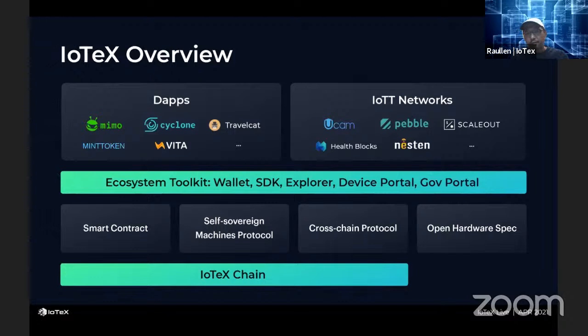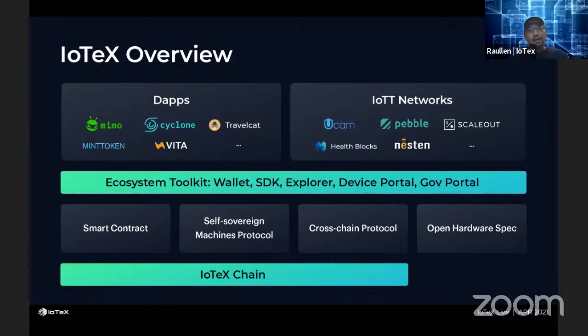We have sovereign machine protocols, which I will talk about in the next slide. We have cross-chain protocols. And most importantly, we have an open hardware spec to allow different machines to onboard and do different things. On top of that, we have Wallet, SDK for developers, Explorer for users, Device Portal for machines, and the Governance Portal for token holders and participants in the entire ecosystem.